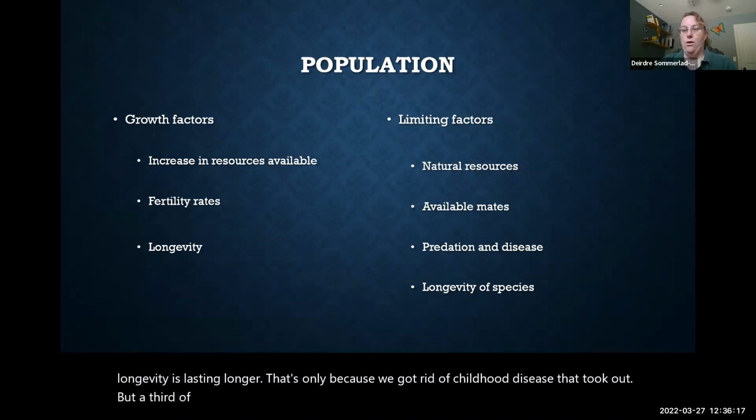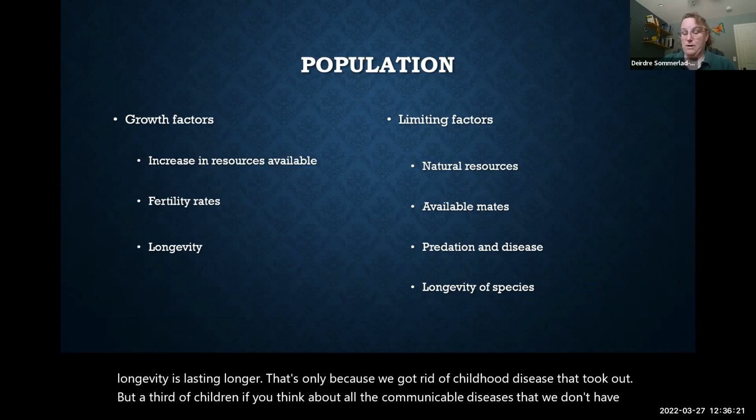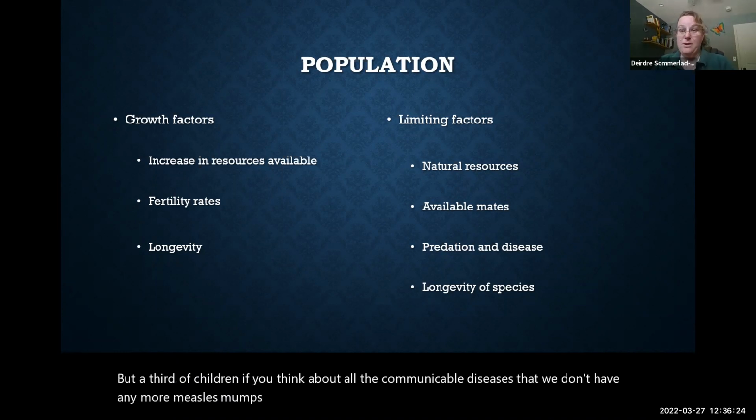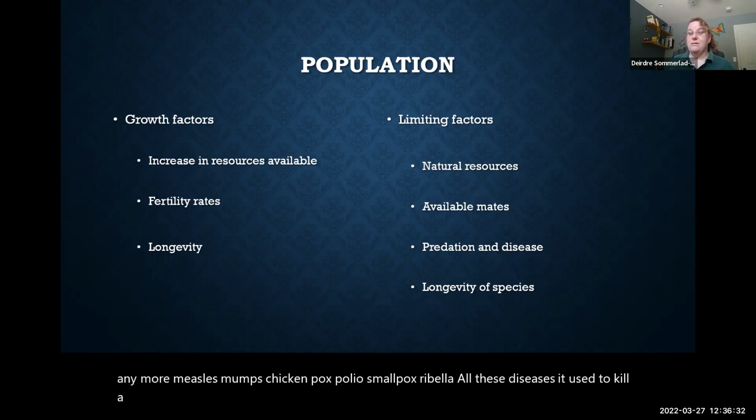If you think about all the communicable diseases that we don't have anymore, measles, mumps, chickenpox, polio, smallpox, rubella, all these diseases that used to kill a significant portion of children, scarlet fever, we don't have anymore, or we have treatments for them that allow you to make it through.